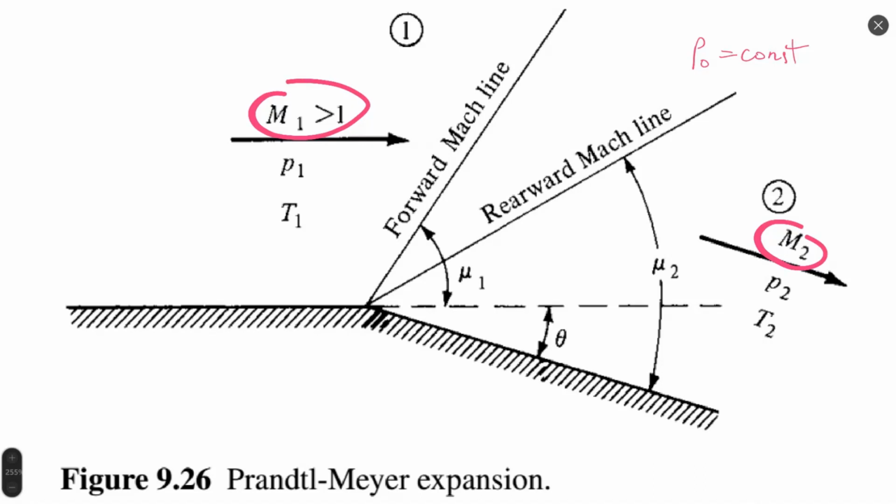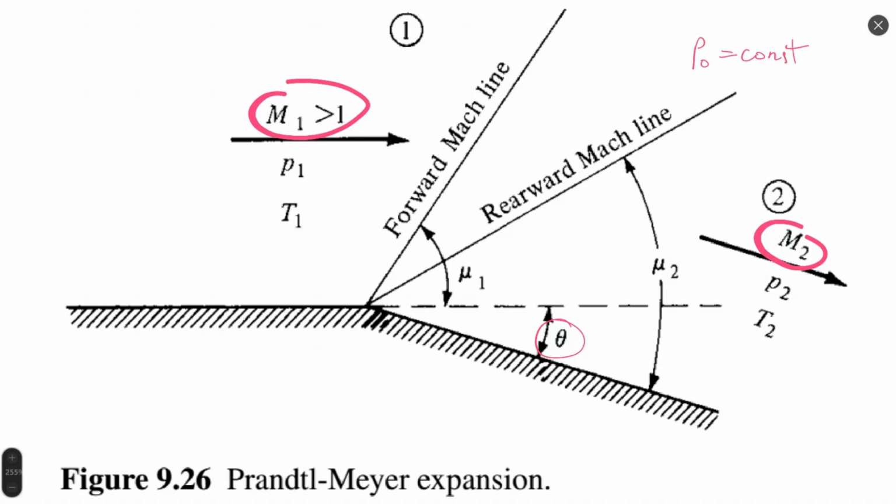Since flow is accelerating, we also can observe change in thermodynamic properties, drop of pressure, temperature, and density when Mach number increases. Prandtl-Meyer expansion is characterized by several geometrical parameters. First of all, it's angle of body inclination with respect to original flow direction.